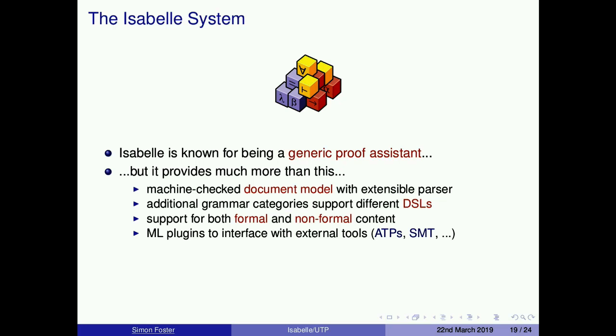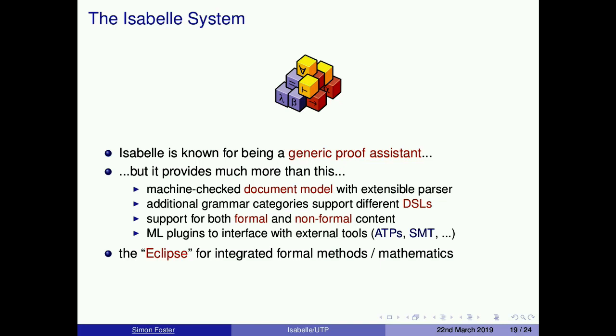So it doesn't force you to give a formal semantics for everything that you've got. But obviously, if you do have one, there's more you're going to be able to do. And Isabelle is also highly extensible. It allows plugins that interface with external tools like automated theorem provers, SMT solvers, and so on. So yes, it's the Eclipse for integrated formal methods, or mathematics indeed.